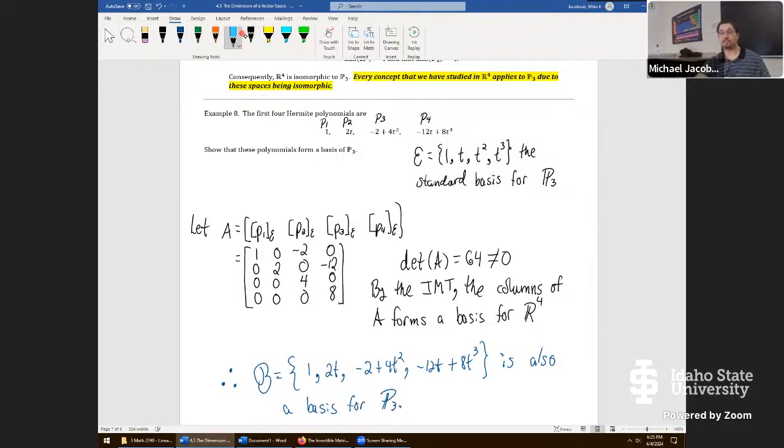And even though the question didn't ask for it, we can also say dimension P3 must absolutely be 4, but we knew that from right over here. That's also a basis with 4 vectors at the same time.